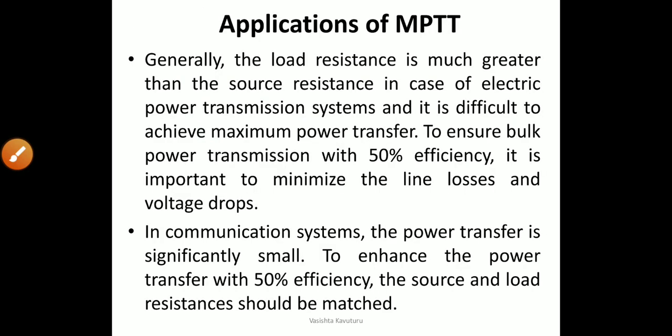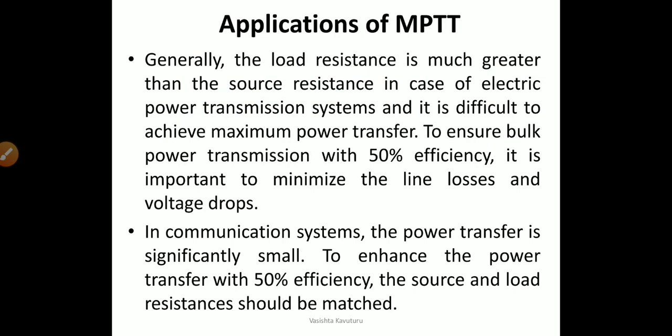Now we will see some applications of the maximum power transfer theorem. Generally, the load resistance is much higher than the source resistance in electric power transmission systems, and it is difficult to achieve maximum power transfer. To ensure bulk power transmission, it is important to minimize the losses and voltage drops. In a bulk power transmission system, we tune the resistance value of the load so as to get at least 50% efficiency, and the maximum power is transferred.